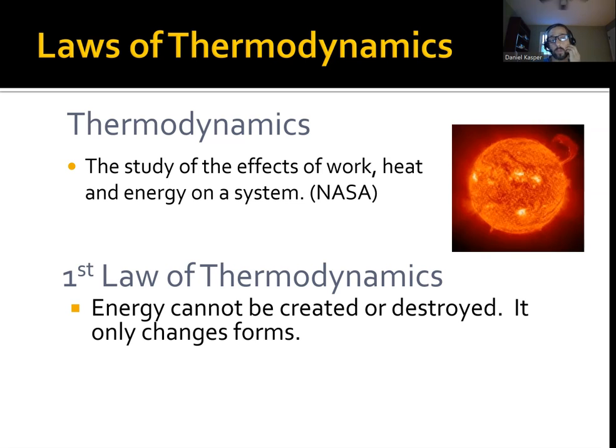Okay? So when we say we use energy, like a light bulb uses energy, really what you're saying is that the light bulb is converting energy from one form to another. And then after it's converted, it's another form, and it never disappears. So most of it ends up as heat. Some of it ends up as light.